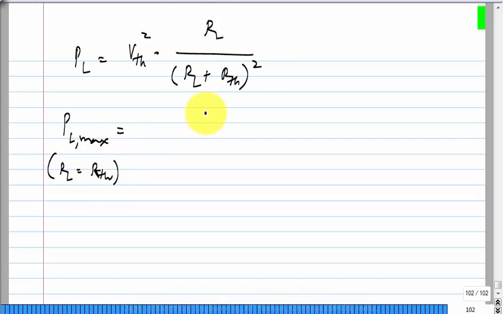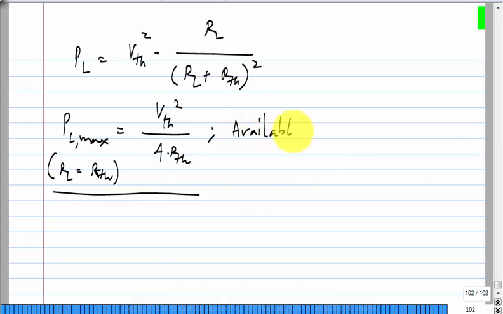This is equal to what? VTH square by 4 RTH. Now, this is known as the available power.